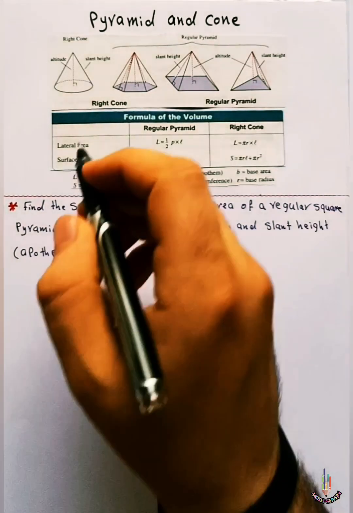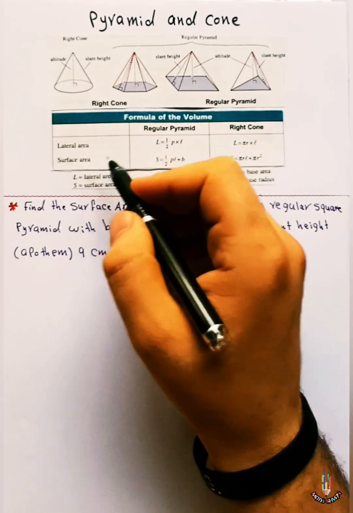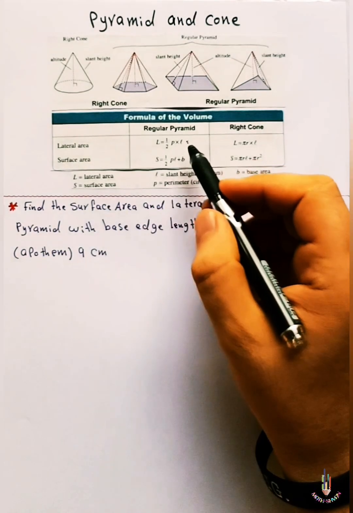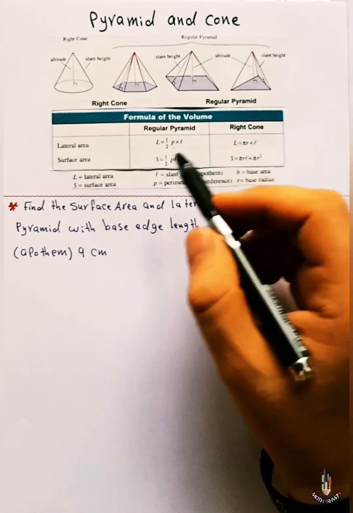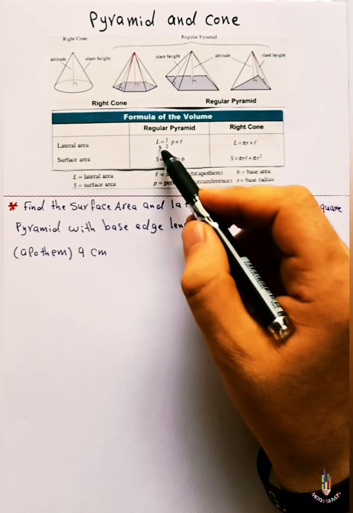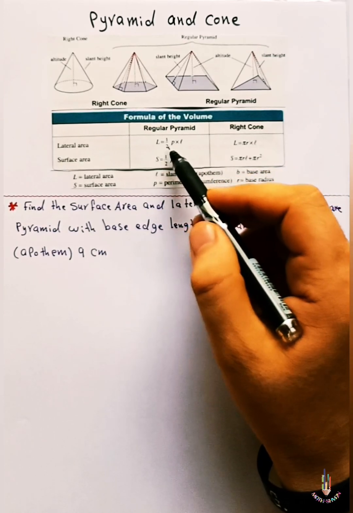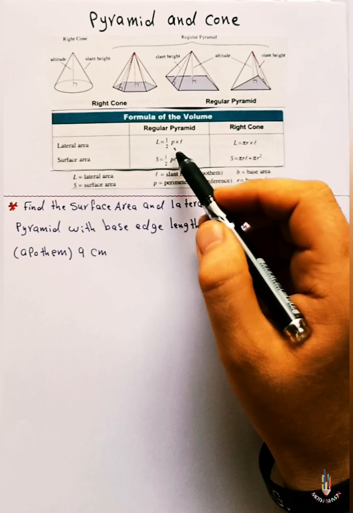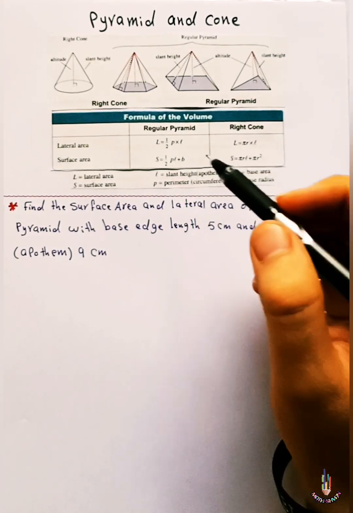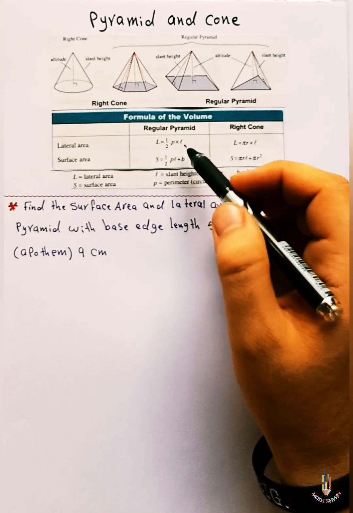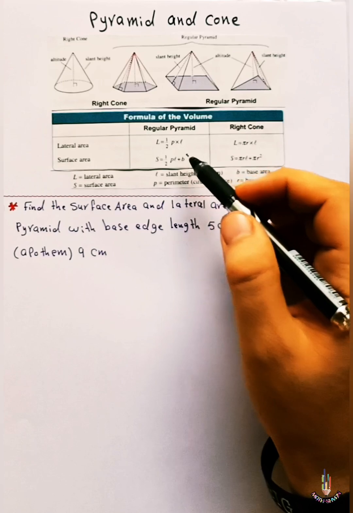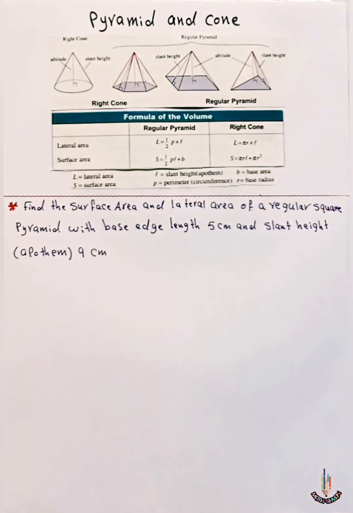And then you have to follow these rules for finding the lateral area and surface area for a regular pyramid and right cone. Lateral area for a regular pyramid, lateral area short form is L, equal to 1/2 times P. P is the perimeter, and then multiply by L. L is slant height, apothem for the triangle.